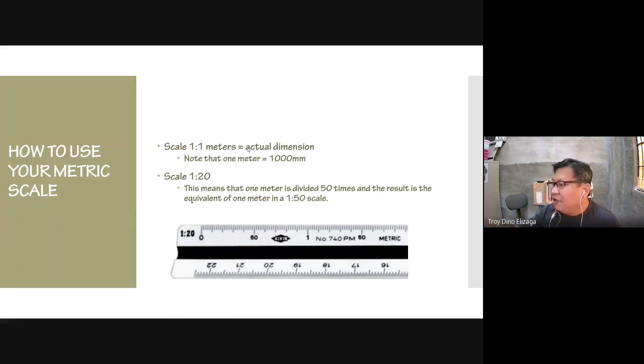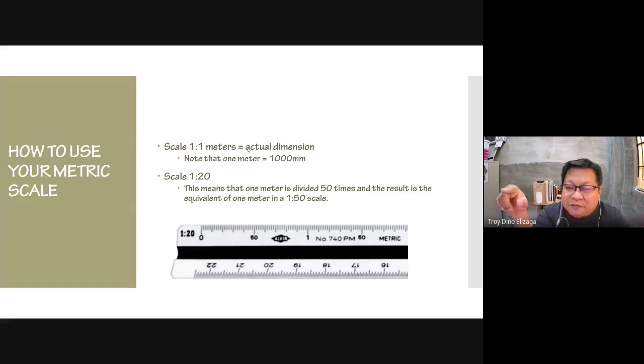So if you have a ruler and you look at the calibration, you will see there, I think, 10, 20, 30, like the ones at the bottom of the drawing. Those are centimeters. Those are millimeters, okay? Or if the calibration is 1, 2, 3, those are centimeters.